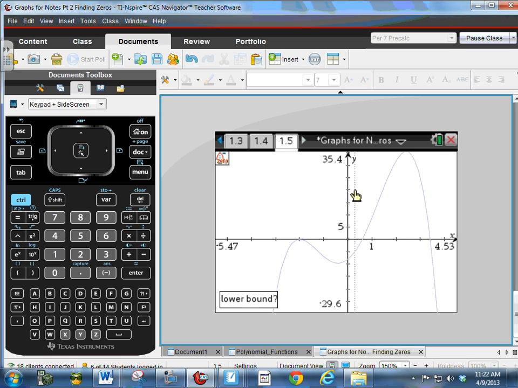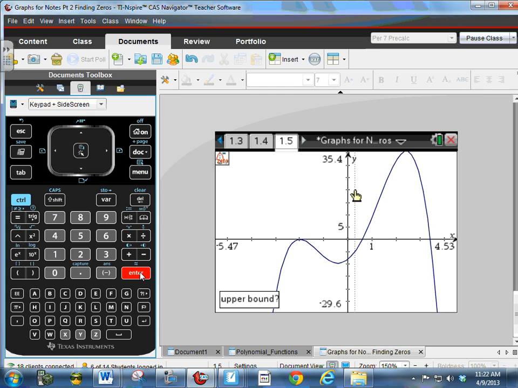I'm going to push Enter on my calculator. Then I'm going to use my arrow keys to move that line to the right. Then you'll see that a 0 shows up, and as soon as a 0 shows up, push Enter, and it gives you the value. So if I do 2 minus the square root of 2, that's the number I would get, 0.586. So there's how to find a 0 on your calculator.